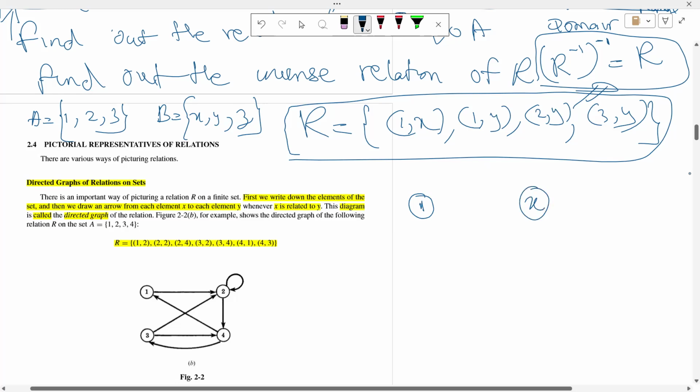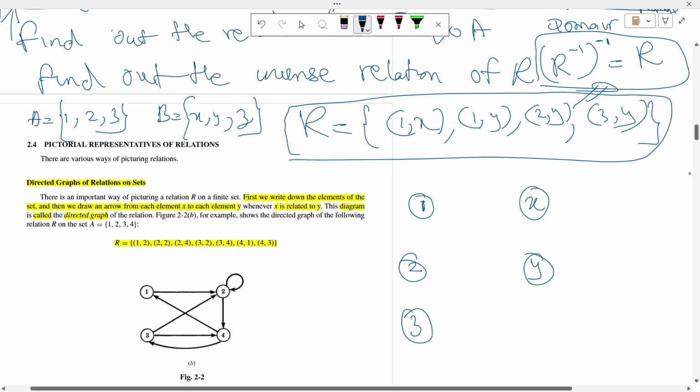Similarly Y is there, also 2 and 3. Each element I consider as a node. So each unique element in that relation gets a node, even if it is duplicated. This is the node for one, this is for two, this is for three. Also X and Y.